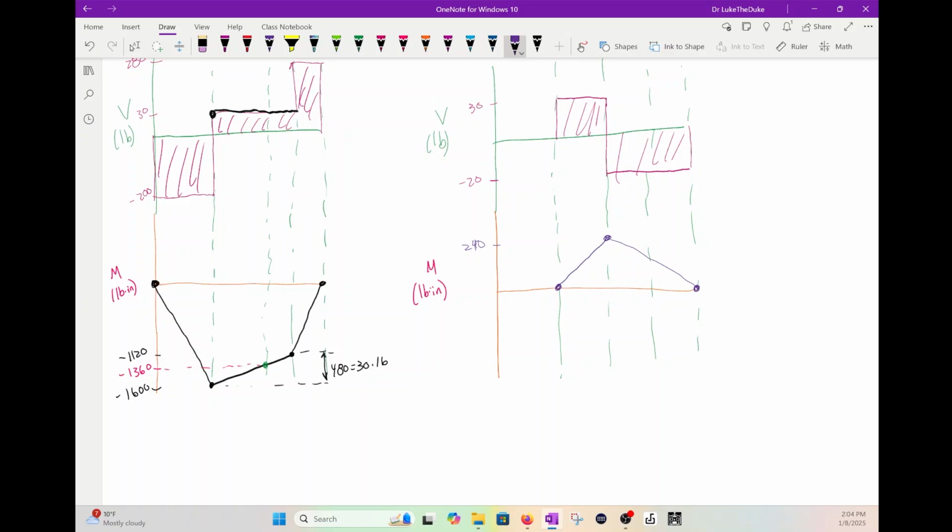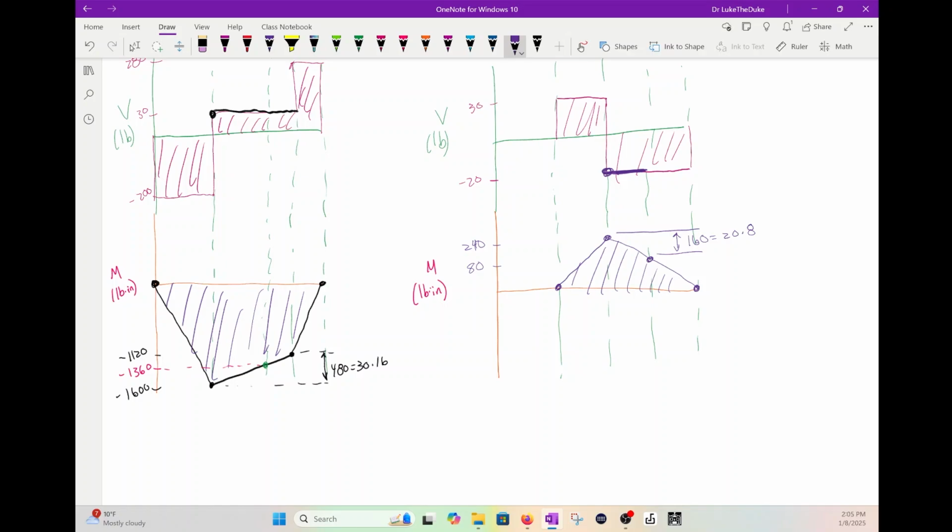And what we need to do is find this value here, which is actually 80. Okay, because the distance between these two is 160, which is 20 times 8. So it's this shear times this distance, which is 8. Okay, so here are our moment diagrams.